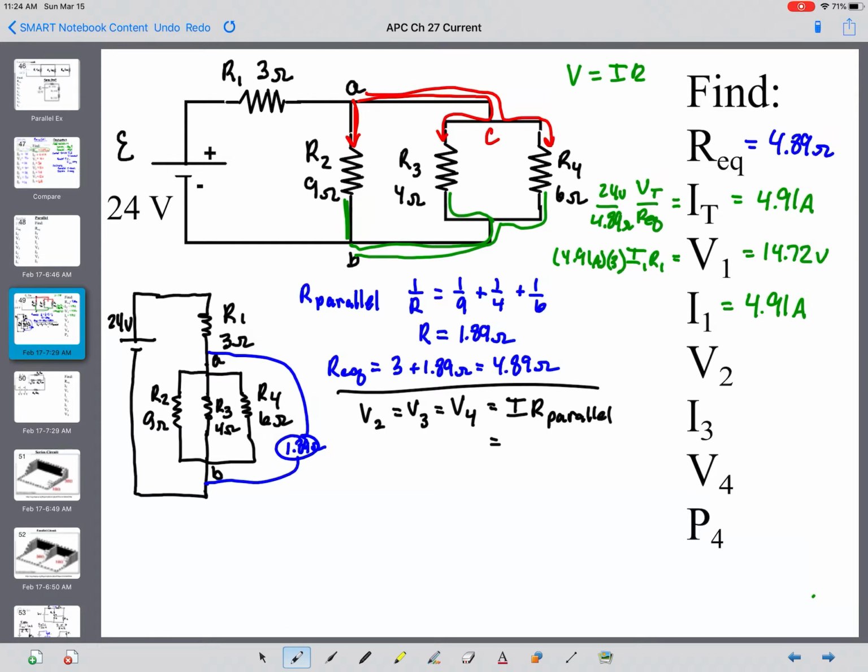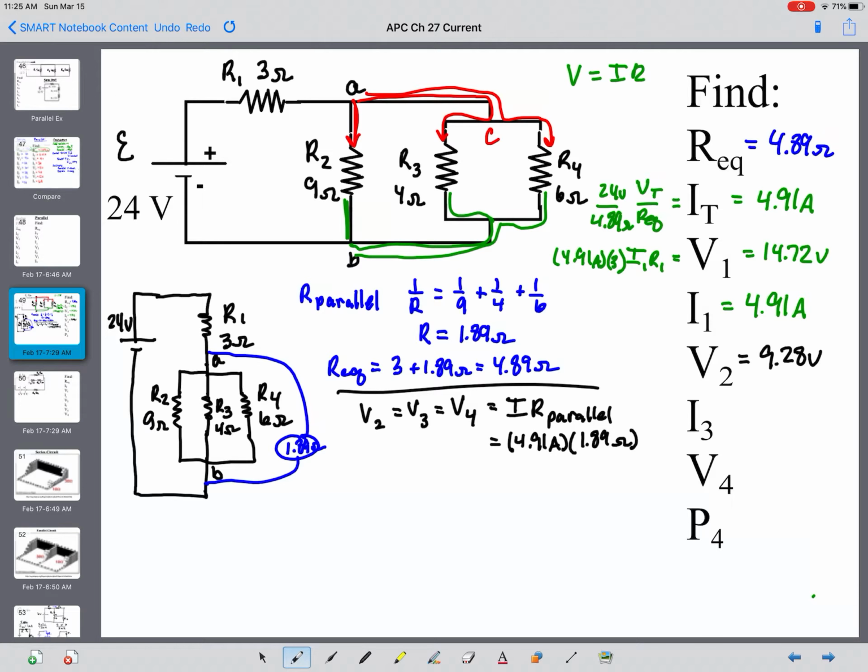If they were all one single resistor, all the current of 4.91 amps would flow through, and that would be 1.89 ohms. When I multiply those together, we get 9.28 volts.